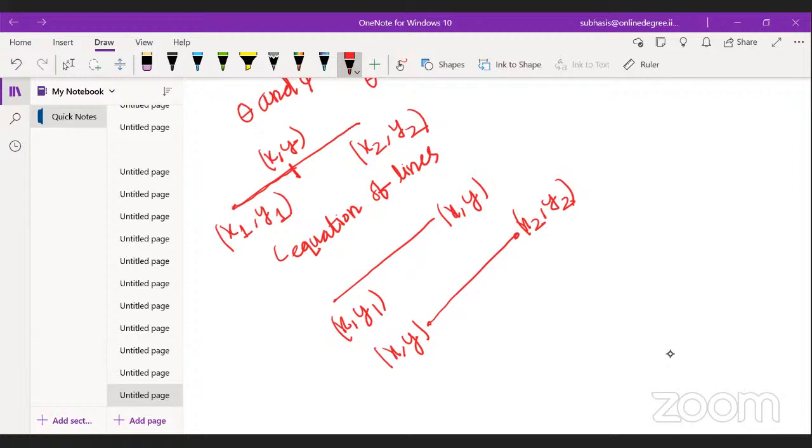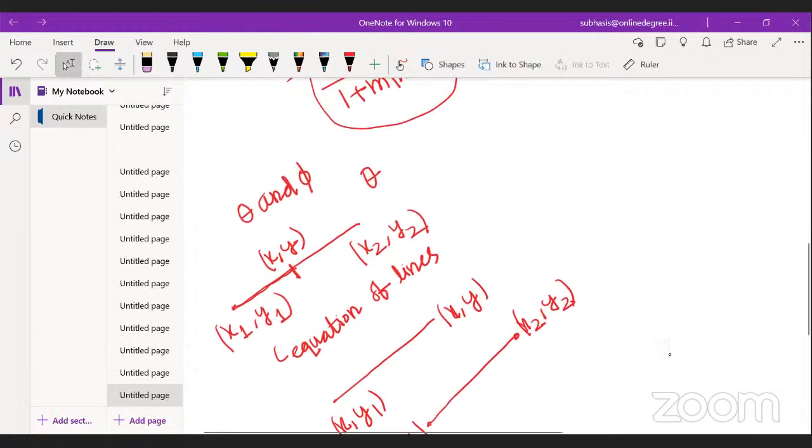Is it correct? What do you think? No, sir, it's y is equal to a. Yeah, so the third option is wrong. And the fourth option is correct.